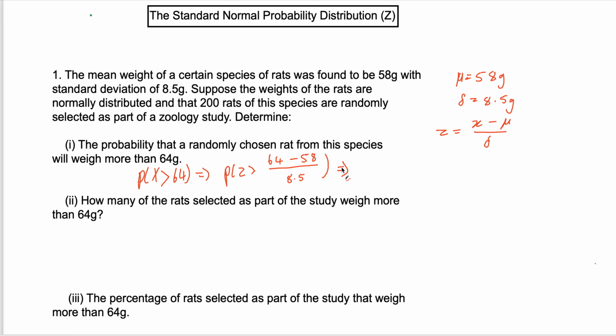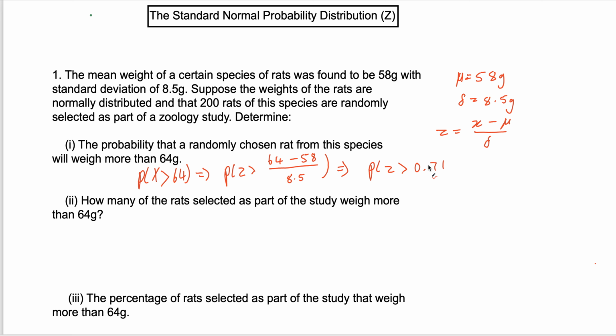That will give you P of Z greater than 0.71. So that's your answer for this part.